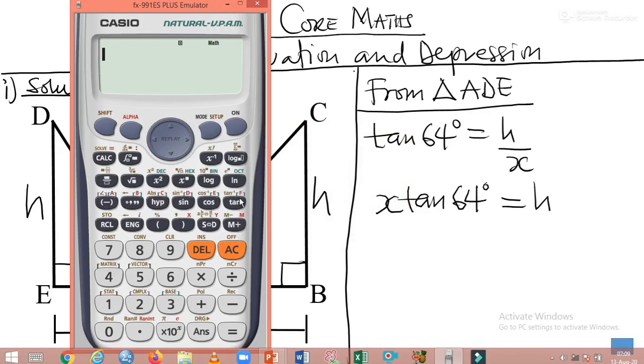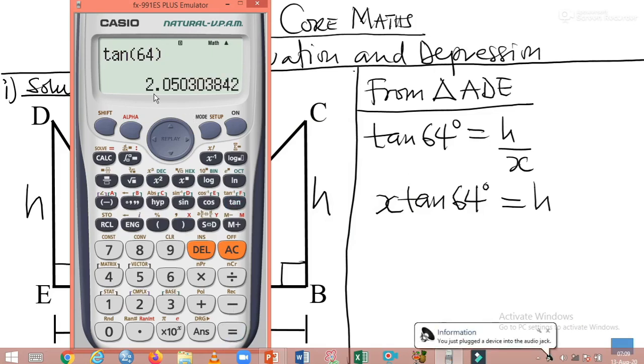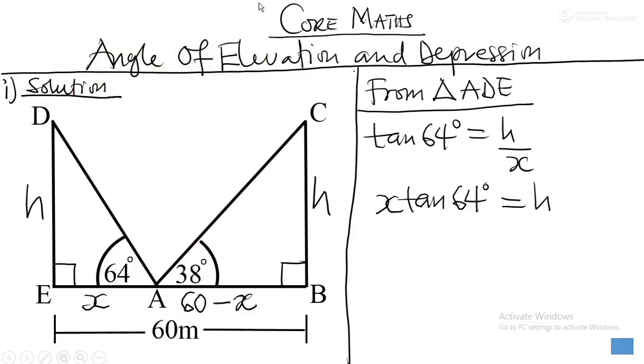Good. Tan 64 gives us 2.0503 to 4 decimal places.